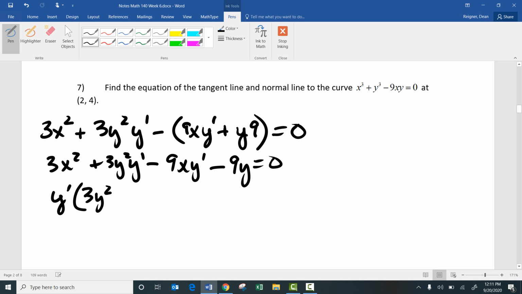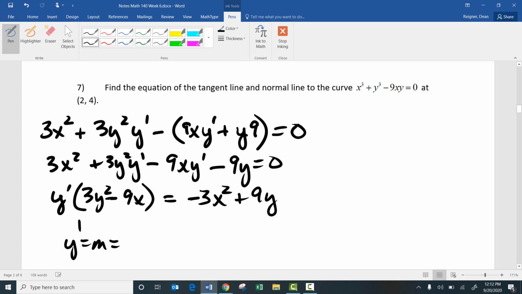So it's 3y squared, and then factor out a y prime there, which is 9x. Everything else we're going to move to the other side. So the 3x squared is going to become negative, and the 9y is going to be positive on the other side. So now we have our slope formula. We have y prime equals negative 3x squared plus 9y, over 3y squared minus 9x.